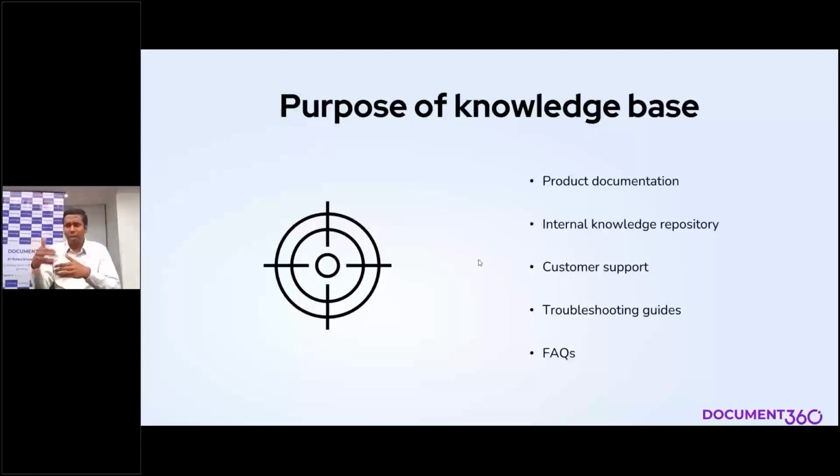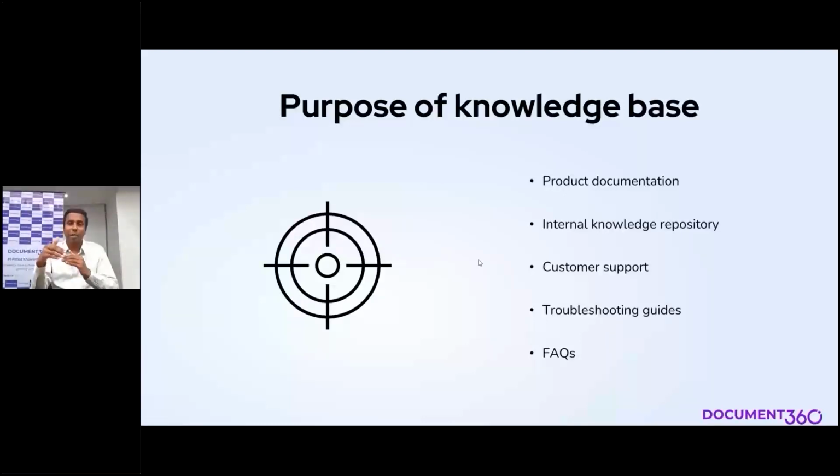The rest of the three, customer support, troubleshooting guide, and FAQ, mostly come up as traditional use cases for a knowledge base. People build a knowledge base to provide customer support, because as you build your product and services, obviously customer support is something that most of the customers would want if they are utilizing your product.